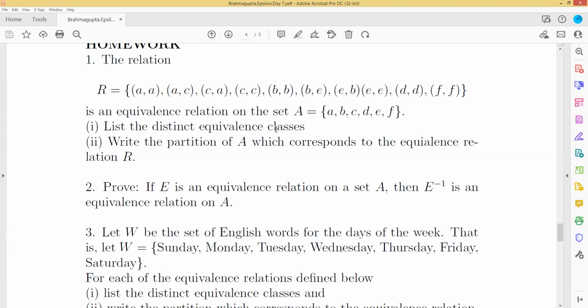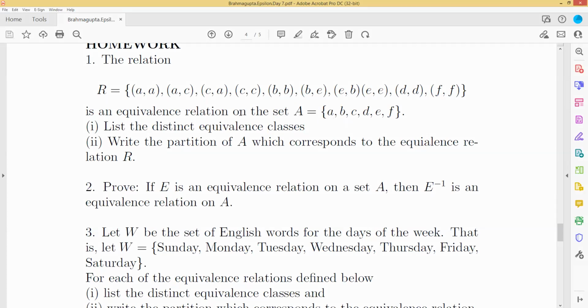Sir, one of them will be A, B, D, and F. No, you see, these are elements of the Cartesian product of A with A. An equivalence class has only elements, you don't say AB, BA, and all that stuff.